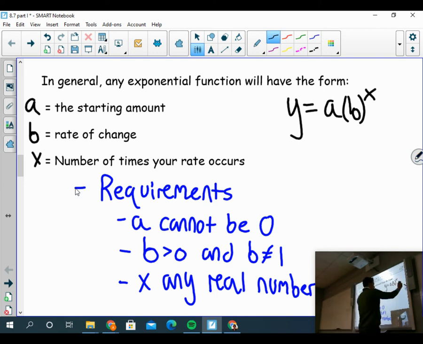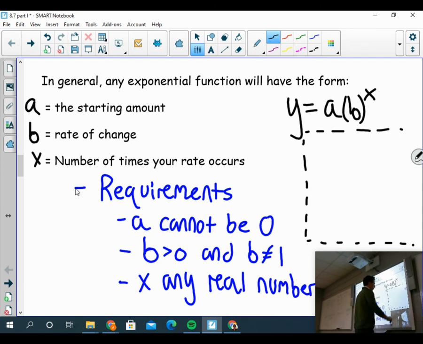So to make sure you're getting it, give yourself a little quiz here. I'm going to put up 3 functions, or rather 3 equations. You tell me if they are exponential or not. Actually, we'll do 4.